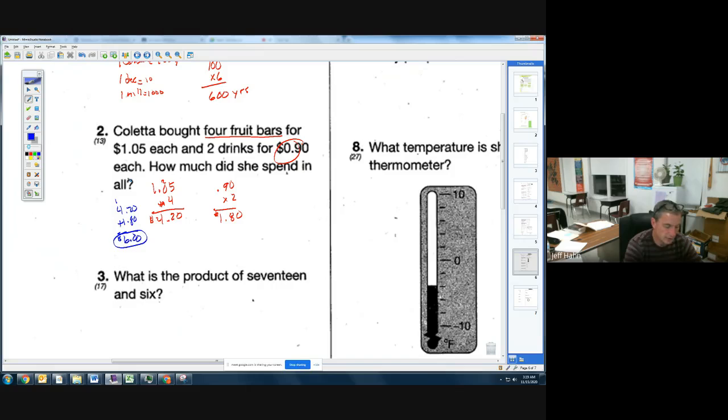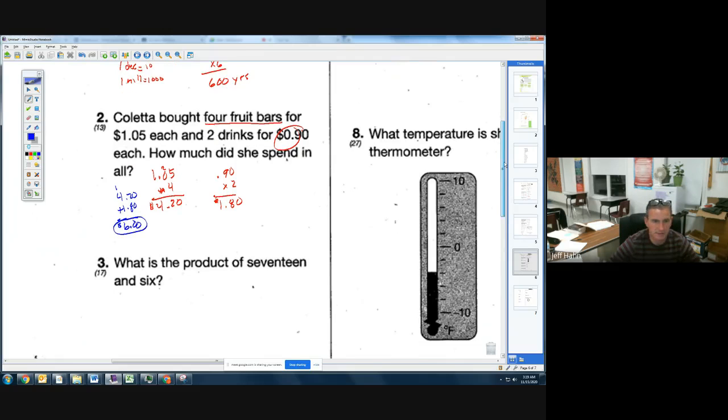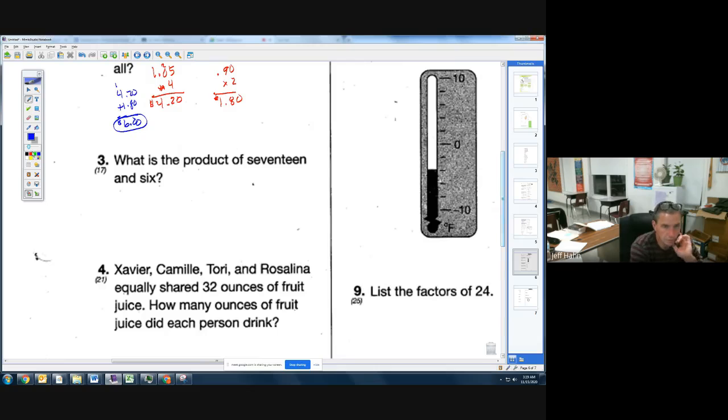Number 3 says, what is the product of 17 and 6? Product means to multiply. Sum means to add. Difference is subtraction, because you never know, they might ask you something else.